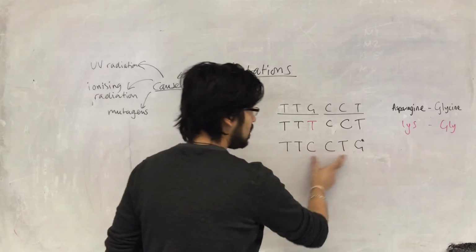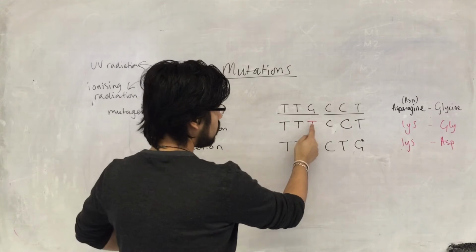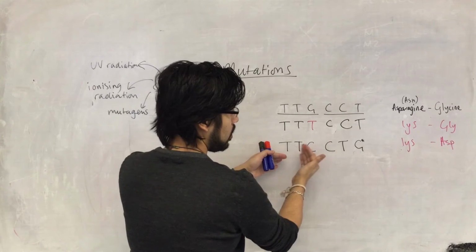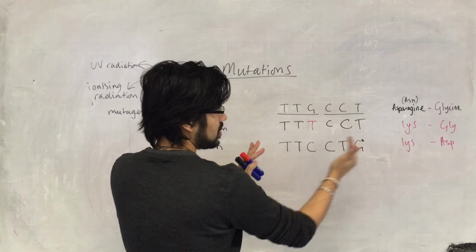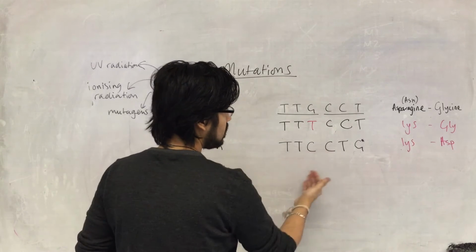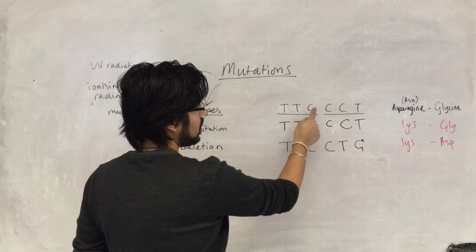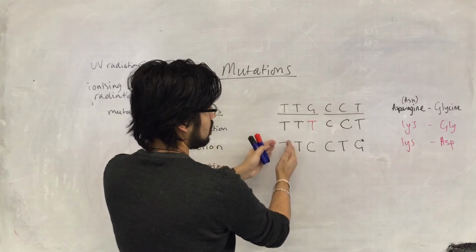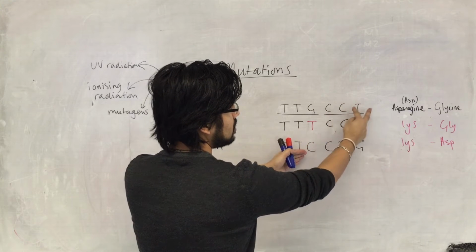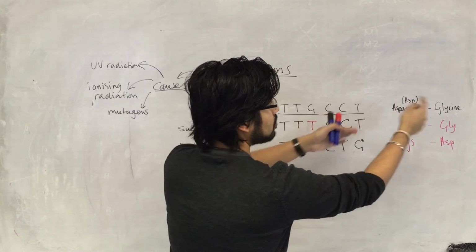So let's confirm what we've done. By causing a deletion of that G base, we don't just carry on reading in the same frame, we cause a frame shift. So deletions have the potential to cause a frame shift, meaning that because we're now reading that C as part of this codon, that codon changes to this base, that base, and then the next base, and so on.